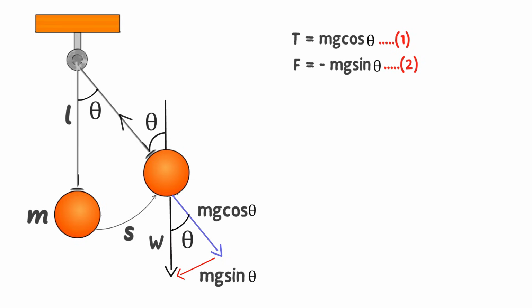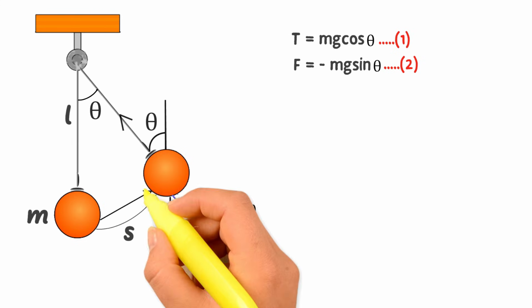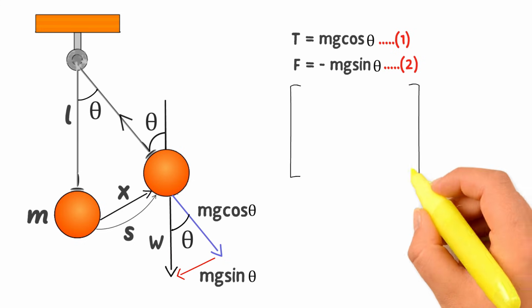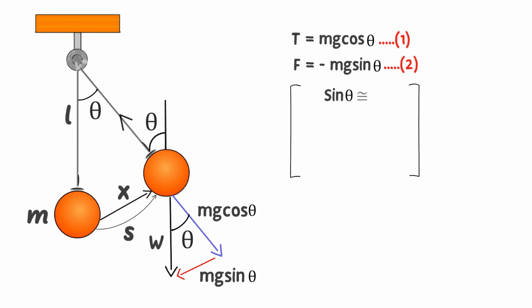We know that theta is very small. So we assume that the arc length S is the displacement x from the mean position to the extreme position. Remember that when theta is very small, sin theta is approximately equal to theta. Thus, instead of sin theta, I will consider only theta.